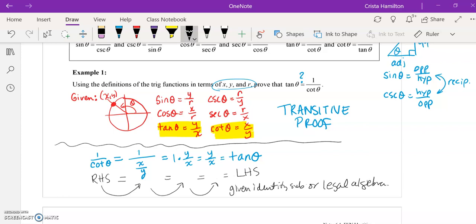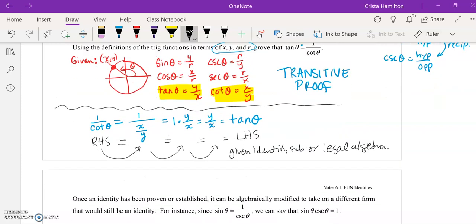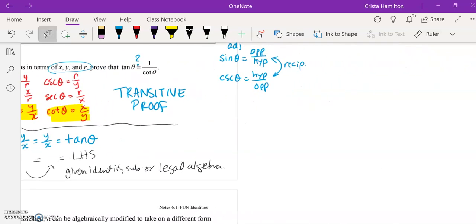Now notice that I went across on the paper there. Some people like to go down instead of going across when they do this. So let me show it over here on the side, as a proof going down. I would do 1 over cotangent theta, 1 over x over y, and then I go down, y over x equals tangent of theta.